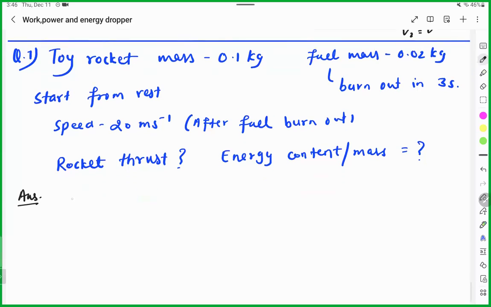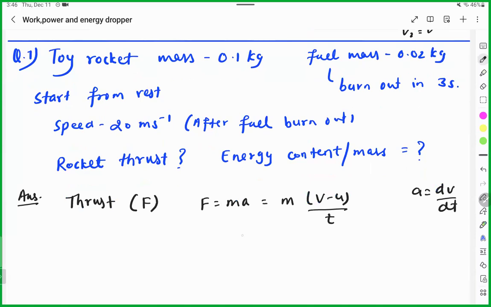If you calculate the thrust, what is the meaning of thrust? Basically, force upward, right? So when you calculate this force, you know force is equal to mass into acceleration. How to calculate acceleration? Final velocity minus initial velocity by time, because acceleration is equal to dv by dt.